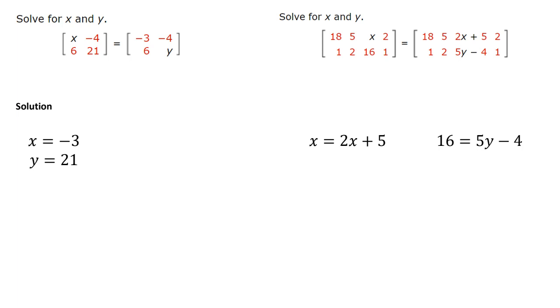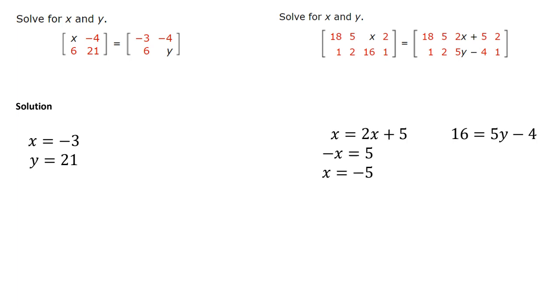So let's go ahead and solve for x. We're going to subtract 2x on both sides. So 2x minus 2x is 0. x minus 2x is a negative x, which is equal to 5. To solve for x, I'm going to multiply by -1 on both sides, or divide by -1, however you like. So x is equal to -5.